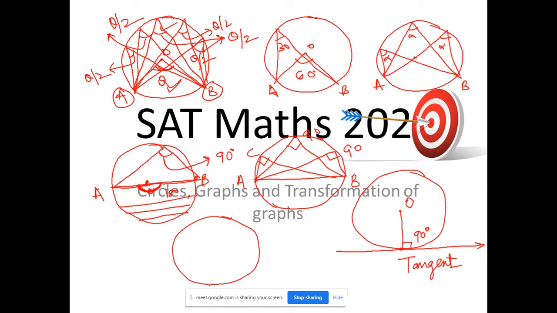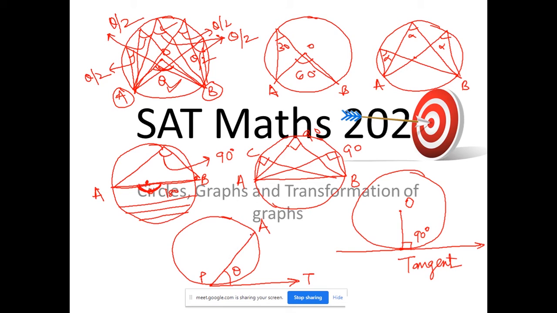There is a famous property associated with the tangent, and that is, let's say this is a tangent T. It touches the circle at point P. If you make any angle joining the point P with the circumference of the circle, let's say this is A, this angle theta, PA makes an angle theta with the tangent.